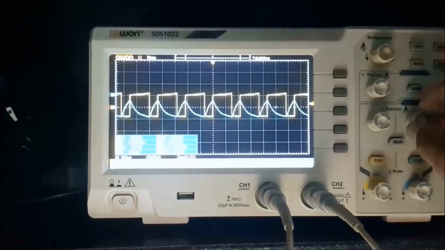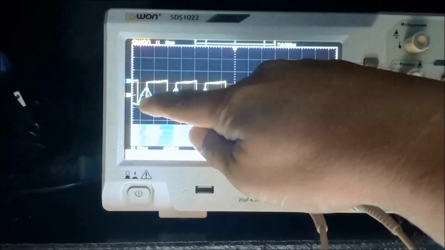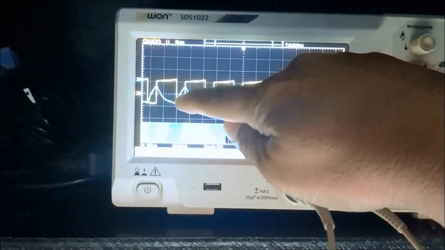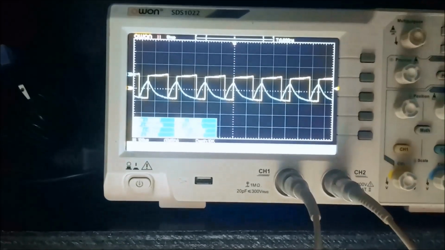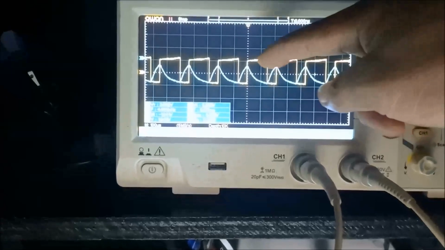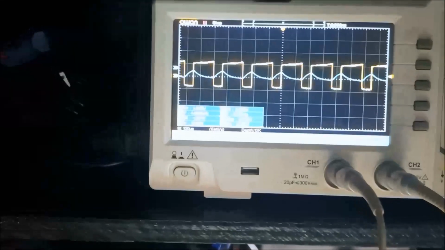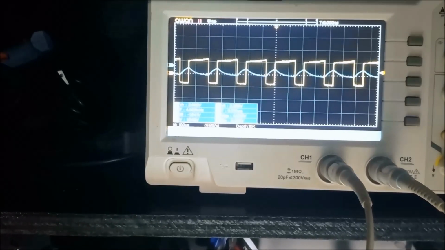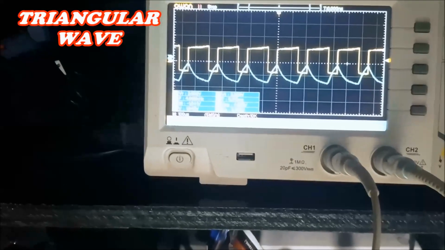So you can see here, charging up the capacitor, then discharging, charging, discharging, causing the square wave to convert into this sort of rectangular wave.